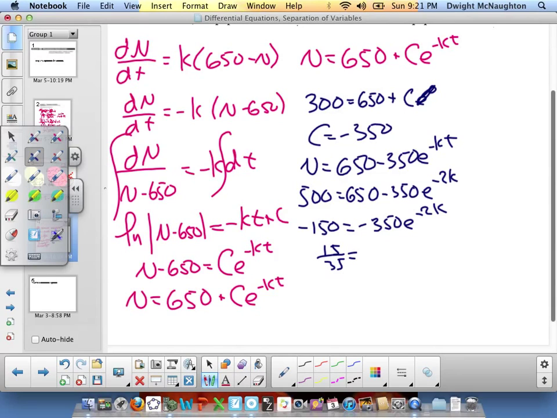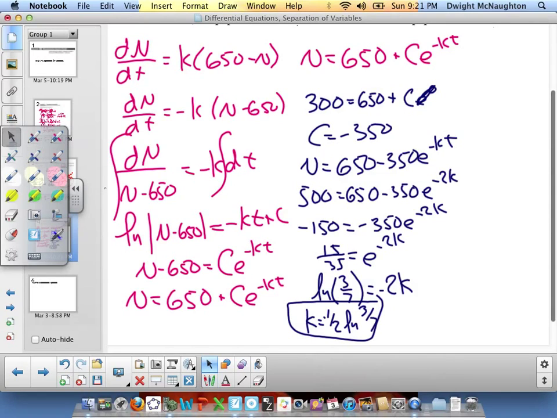We can reduce that further, e to the negative 2k. All right, we'll take the natural log. 15 over 35, they both got 5s, so that's natural log of 3/7 equals negative 2k, so k equals negative 1/2 the natural log of 3/7.